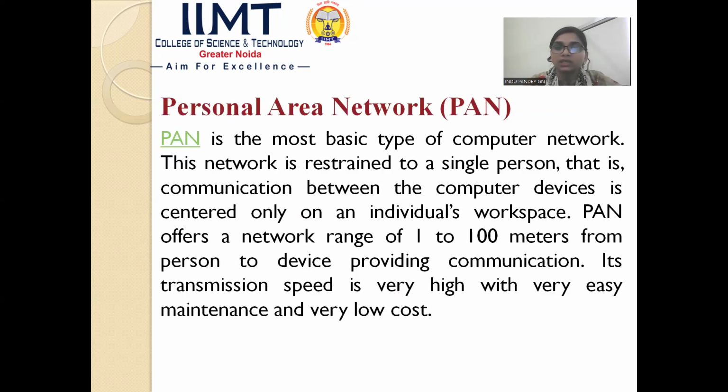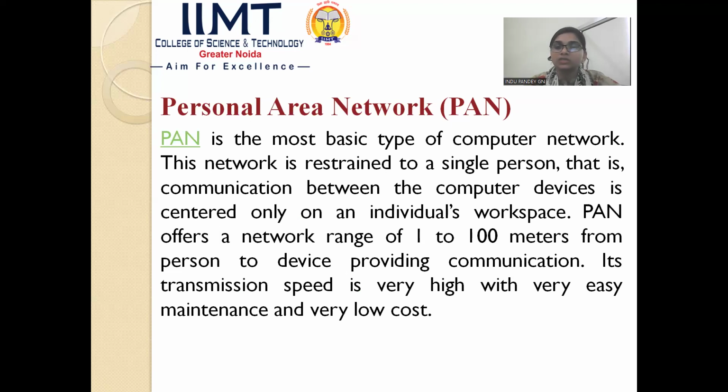PAN, that is Personal Area Network. PAN is the most basic type of computer network. This network is restricted to a single person, that is, communication between computer devices is centered only on an individual workstation. PAN offers a network range of 1 to 100 meters from person to device, providing communication.